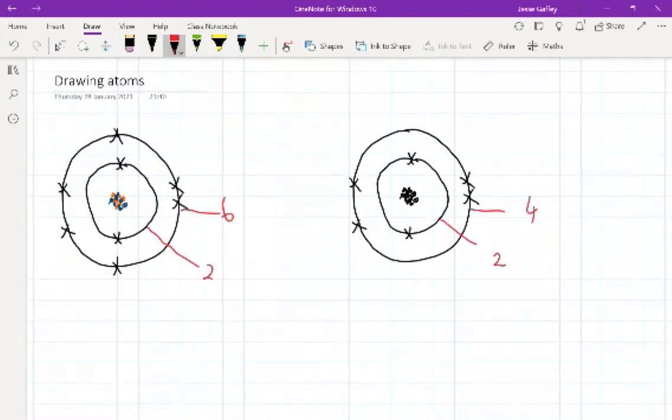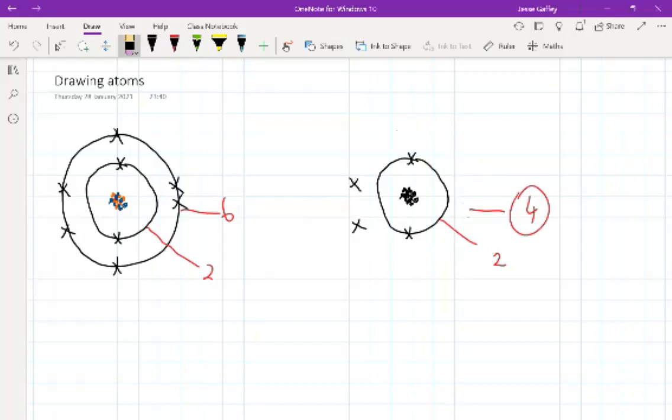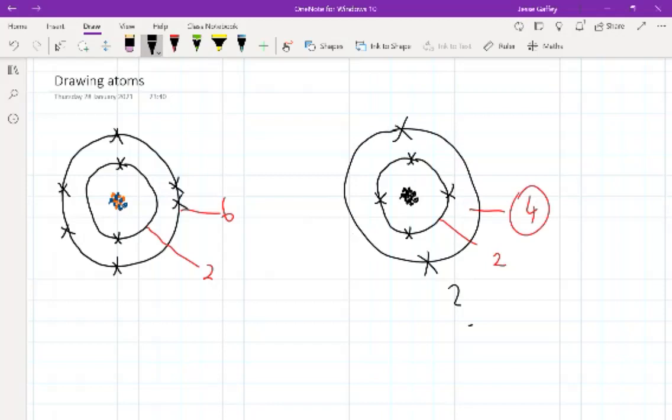Why can we not draw it like this, where instead of having the 4 in the outer shell, we get rid of some of those? Why can we not have 4 in here and 2 in here? Why is that not allowed?